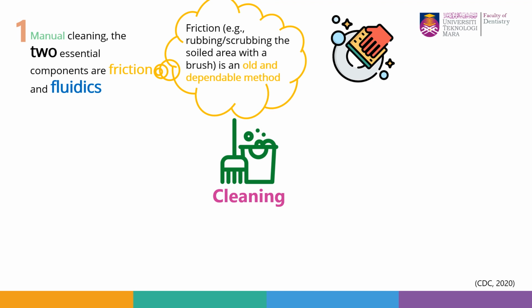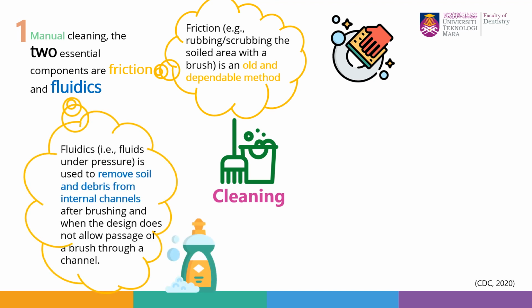Second one is fluidics. Fluidics is using fluids under pressure to remove soil and debris from internal channels after brushing, and when the design does not allow passage of a brush through a channel. So a brush is always the number one choice. If we don't have that option, we probably need to use the fluidics method.